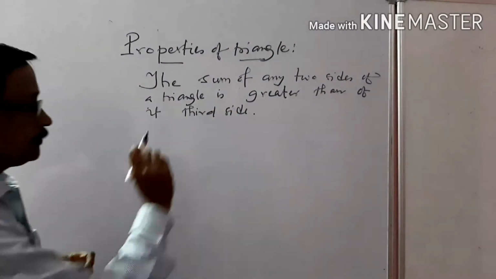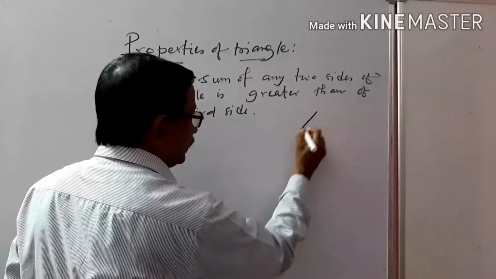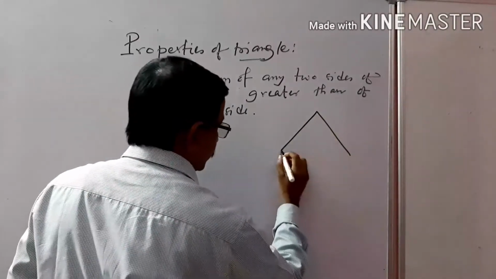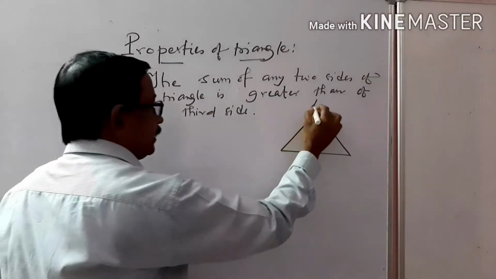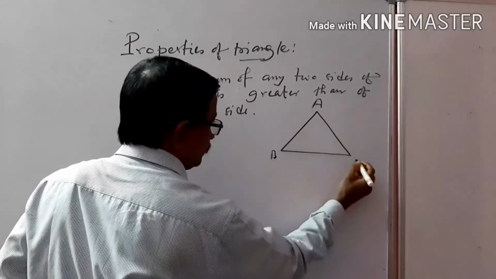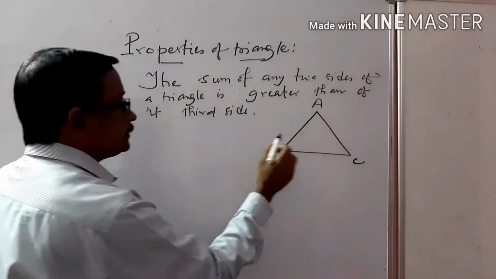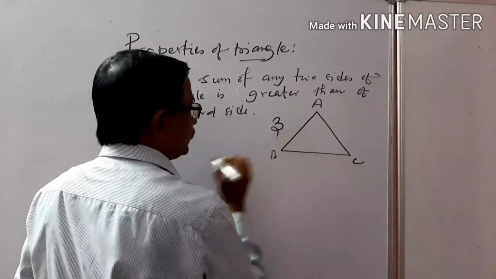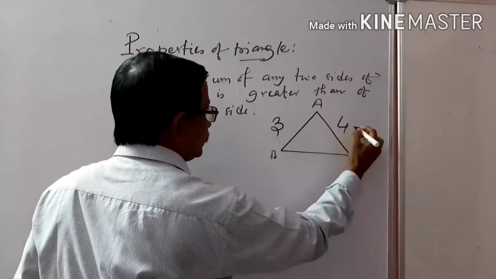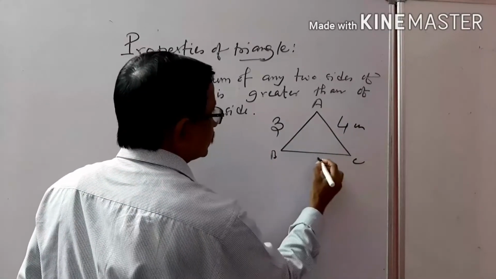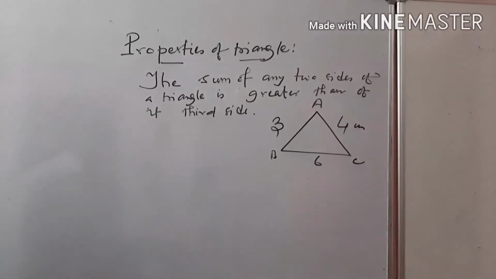So what is the concept? Just consider a triangle. ABC is a triangle and the lengths are given: say this one is 3 centimeter, this one is 4 centimeter, and this one is 6 centimeter.